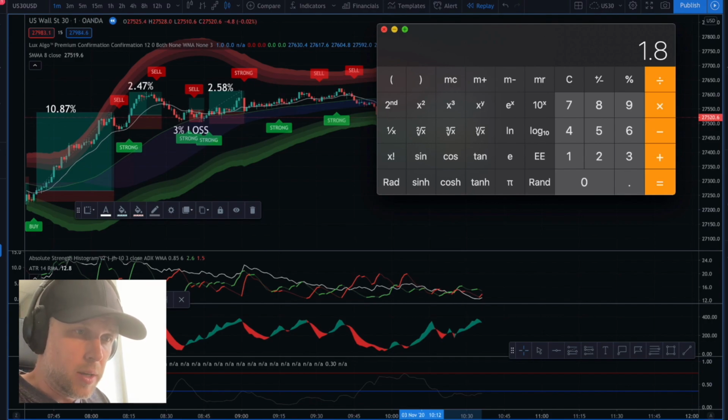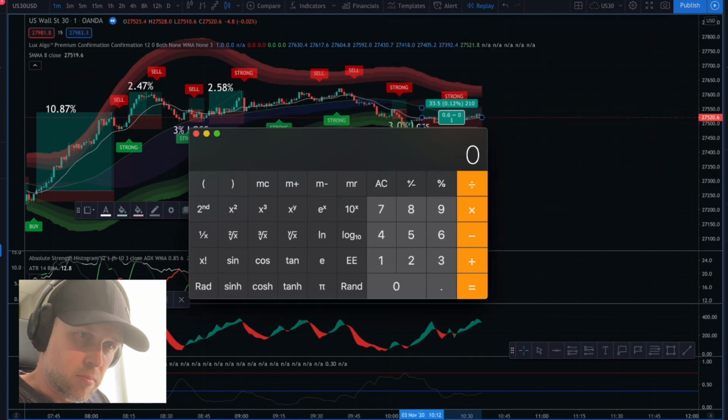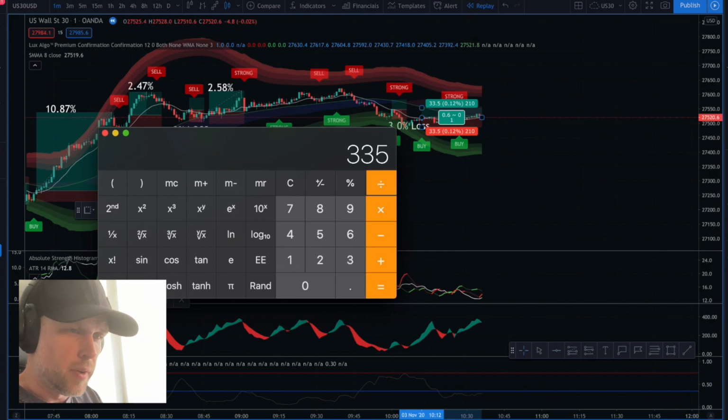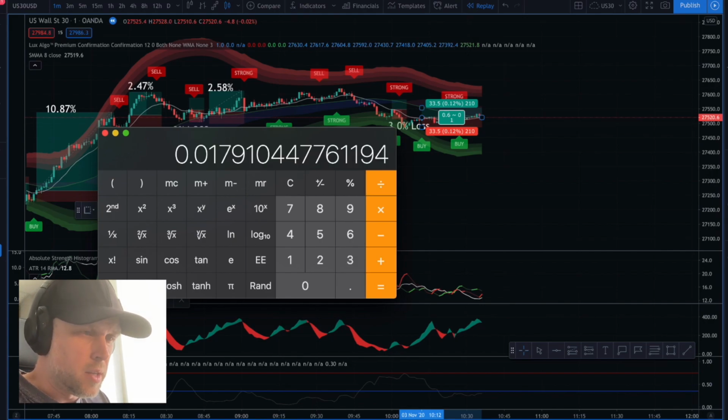So that's a 1.8, no, that's a 0.6 times, oh, that's 6 divided by 335. I'm not even going to register that.